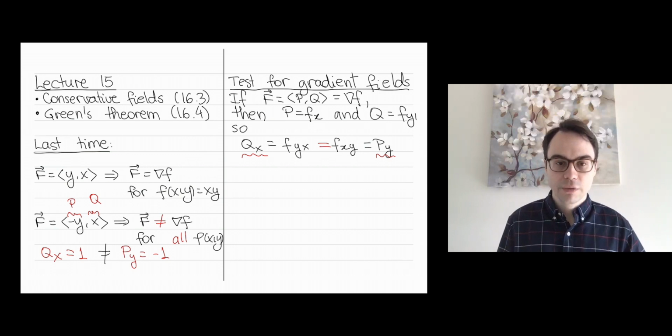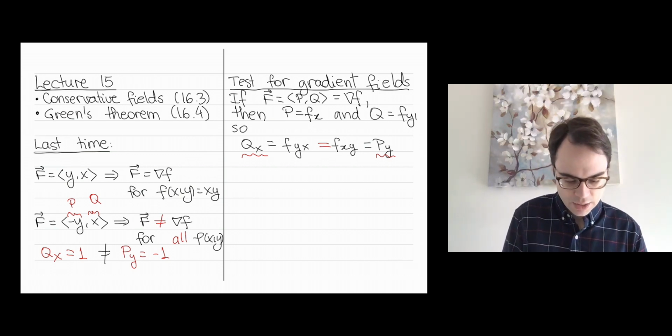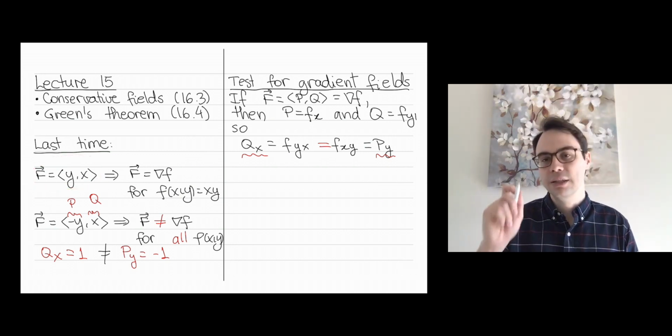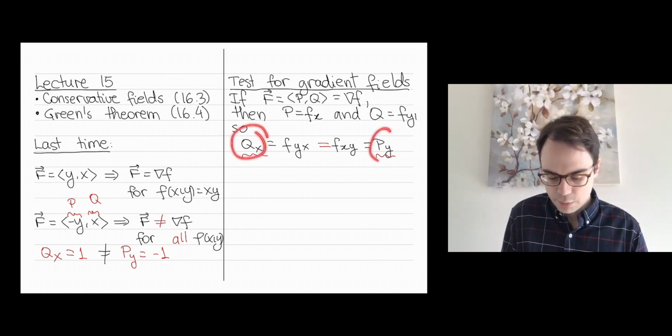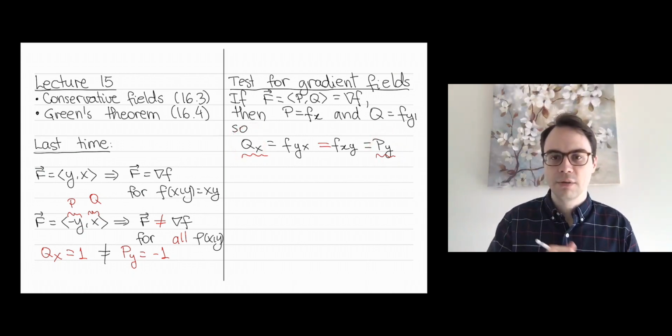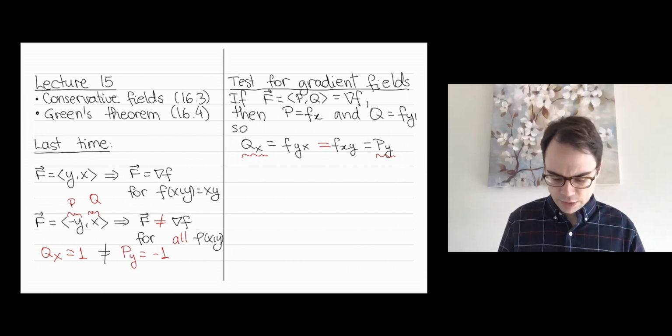But in general, if I give you a vector field that is maybe not defined at the origin or something like that, then q sub x being equal to p sub y would not guarantee that the vector field is the gradient of a function.